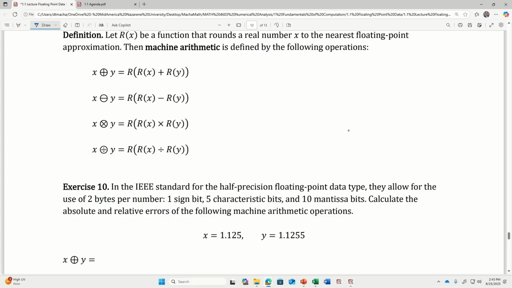Let's calculate the machine addition of x plus y. So the first step is going to be to find what is the closest representable approximation of x.